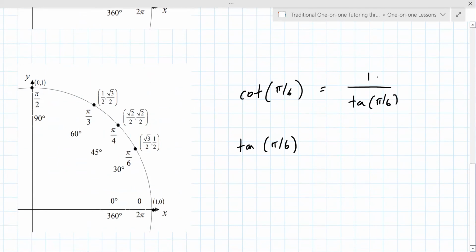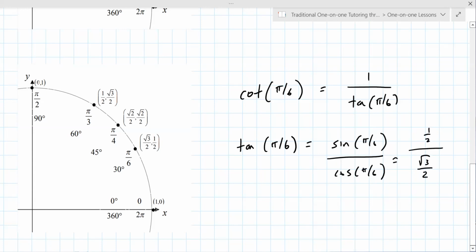So you either find tangent and flip it. Tangent pi over 6 is sine pi over 6 over cosine pi over 6, which is 1/2 over the square root of 3 over 2. Whenever you have the same denominators, they just cancel. So it's 1 over the square root of 3.